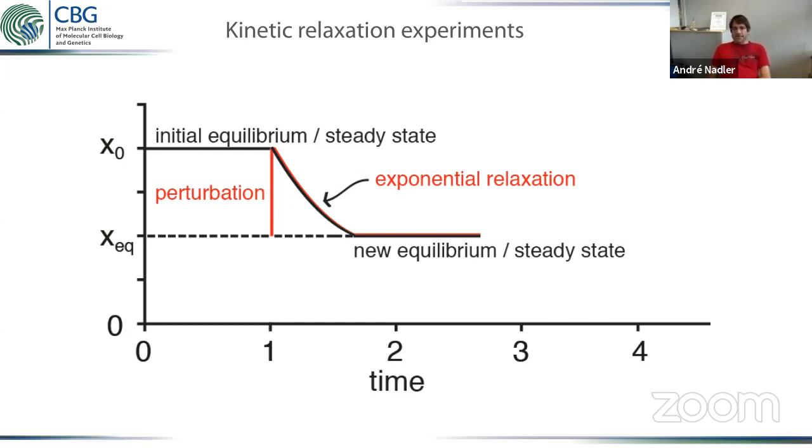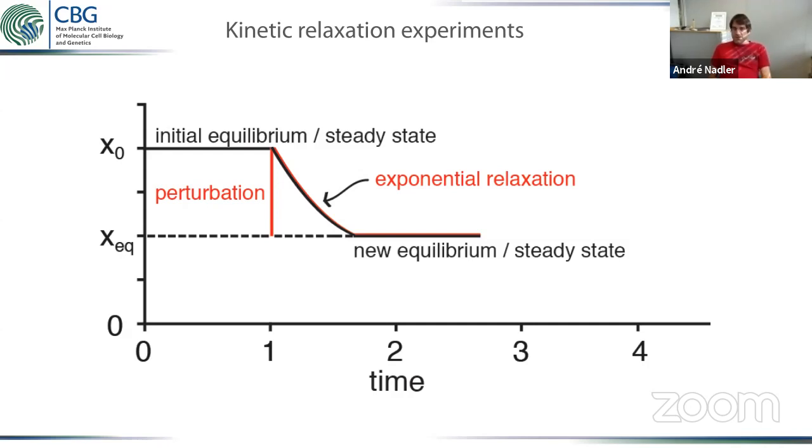There's a number of ways this is usually implemented in physical chemistry. The most straightforward experiments are, for instance, pressure or temperature jump experiments, where you move the physical properties of the system in a very fast fashion. But this is not something that we can easily implement in live cell experiments.